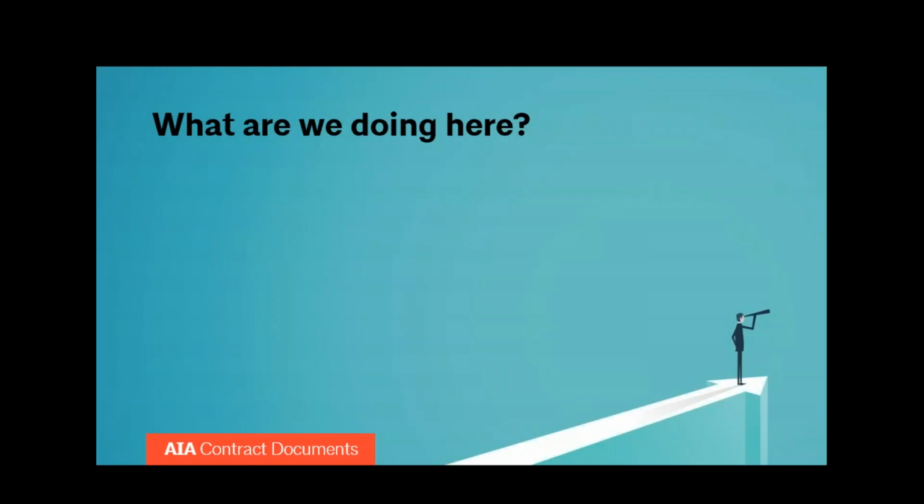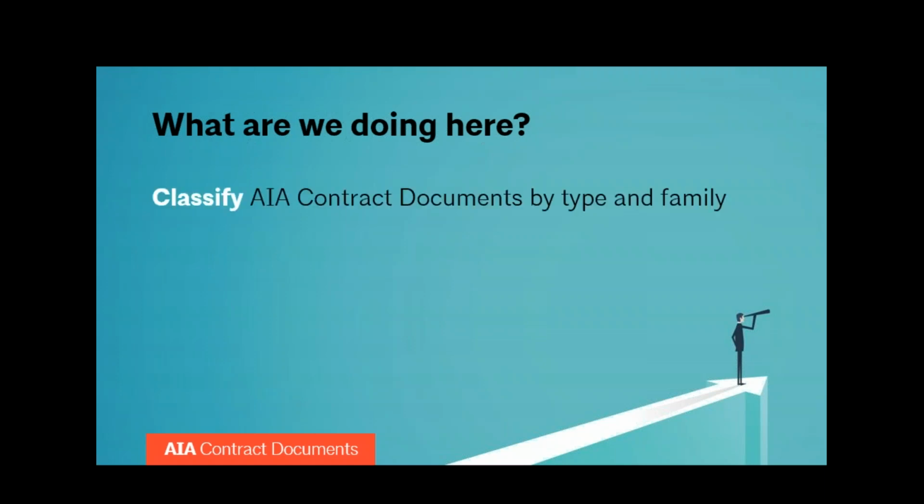So we just want to get started by clarifying what we're doing here and what we're hoping to accomplish for the next hour or so. The webinar is called Understanding What's Available. Now, that's a lot to cover. So we felt that the best way to convey that information to you is to classify AIA contract documents by type and family so that you can relate those classification aspects and those contract families to your own projects.